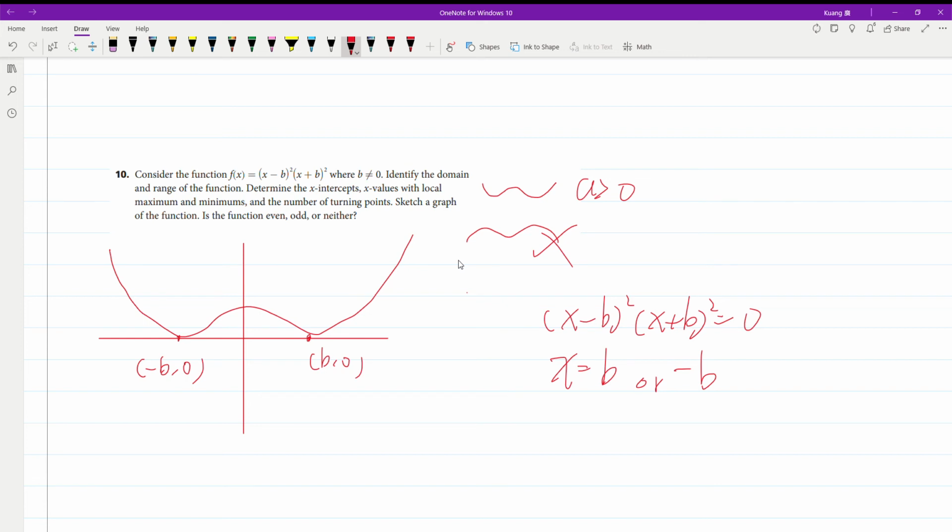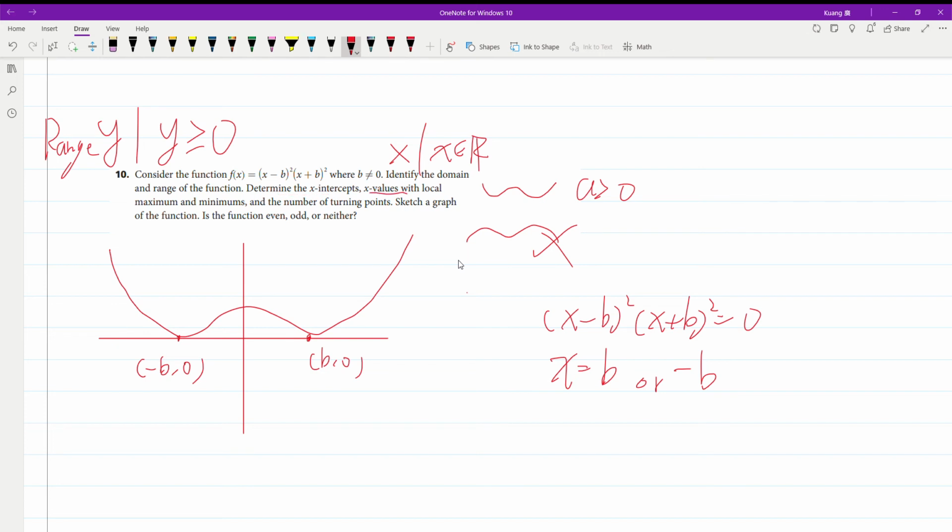Okay. So the domain is x belongs to all real numbers. We have practiced how to find the domain from the graph, right? Domain is all real numbers. And range is y is greater than or equal to 0. Okay, found the domain and range.